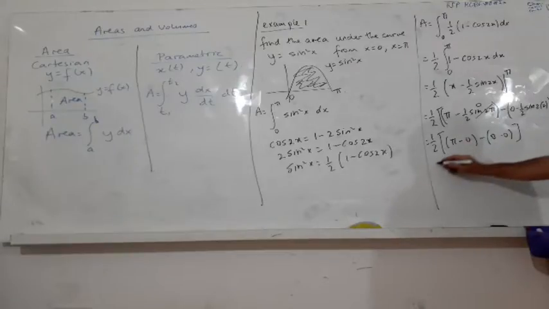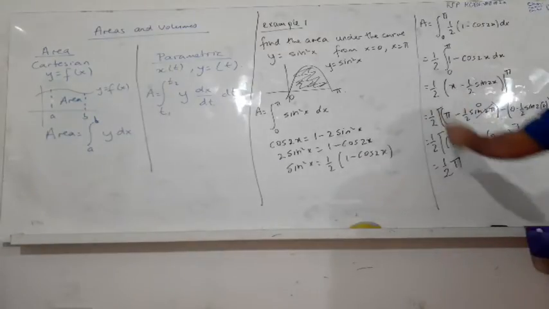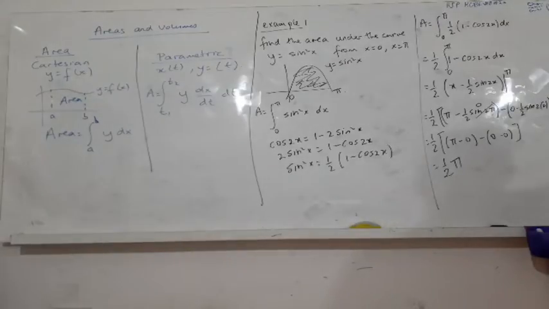The area of sine square x from 0 to pi is 1 over 2 pi. If you are not sure about the values, you can check them with your calculator. This is example 1 and it is Cartesian.